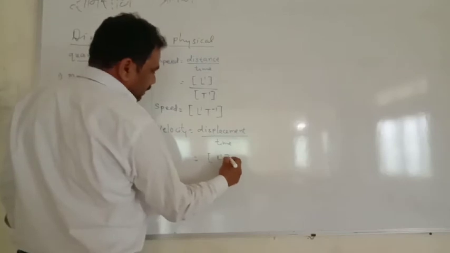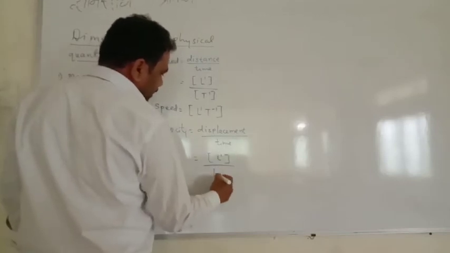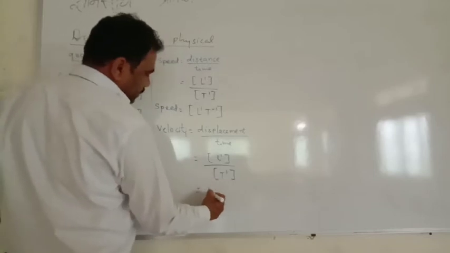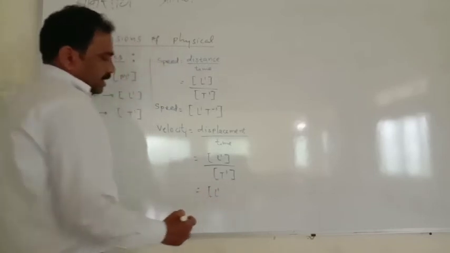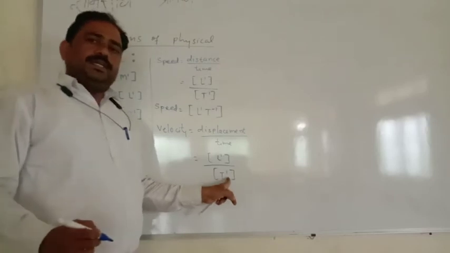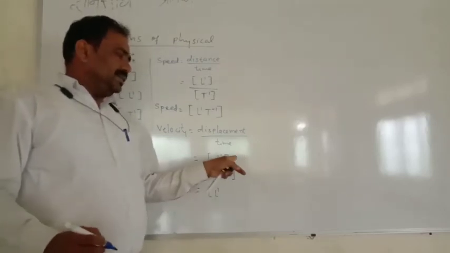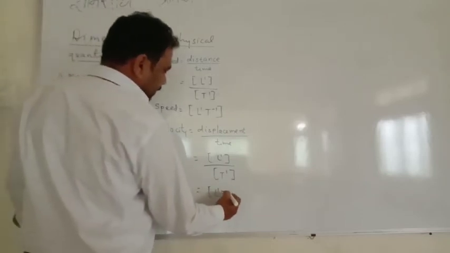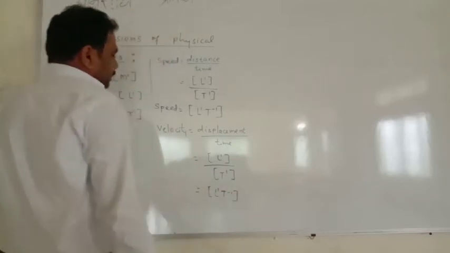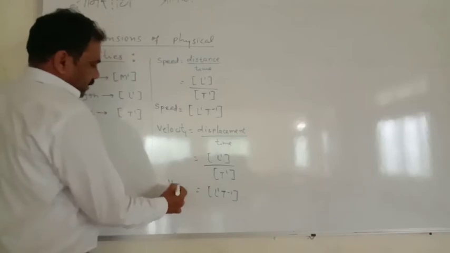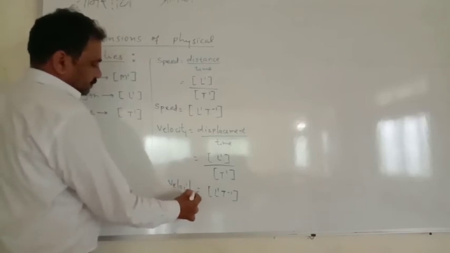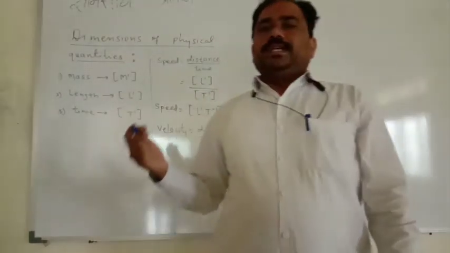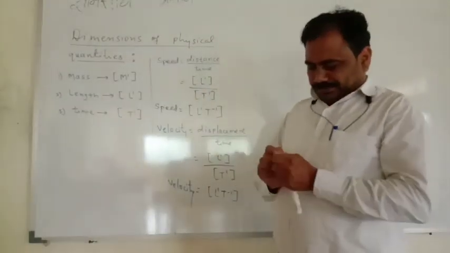So L1 upon T1 becomes L1, and if we put T at the numerator, plus 1 becomes minus 1. So this is about velocity. In this way we can calculate the dimensions of physical quantities.